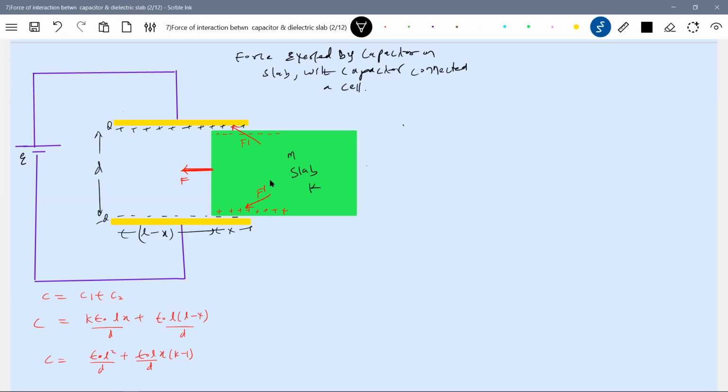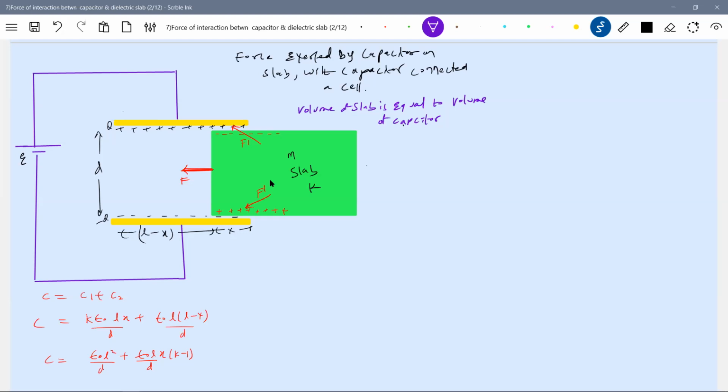And here X is the length of the slab inside, and the total length of the slab is equal to L. So I'll write some condition here: volume of slab is equal to volume of capacitor. The dimensions mean the slab will exactly fill up the gap between the plates of the capacitor. Length of the slab is also equal to L.